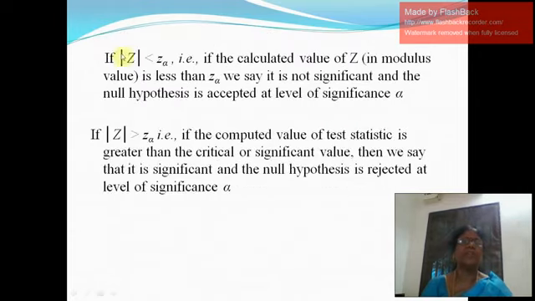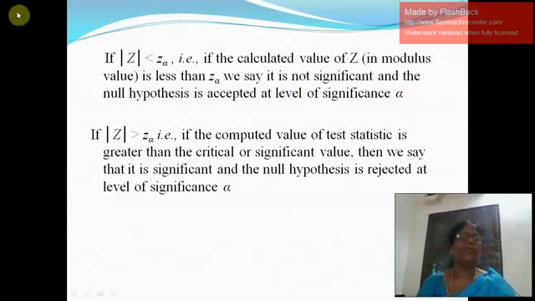If modulus of the calculated value is less than the tabulated value, then we say that it is not significant and the null hypothesis is accepted at level of significance alpha. That means there is no difference between this calculated value and the significant value.